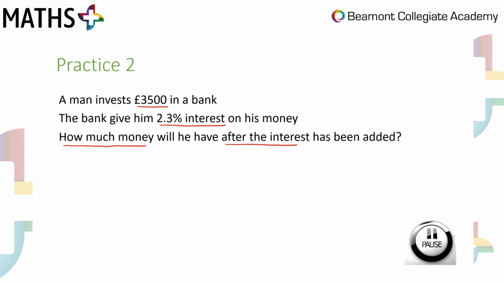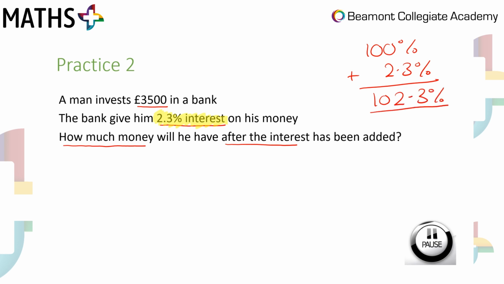All right, so the bank is giving this man an extra 2.3% on top of the money he put in. So if we start with 100% and we add on 2.3%, that means we now have 102.3%. So my multiplier here is going to be 1.023.